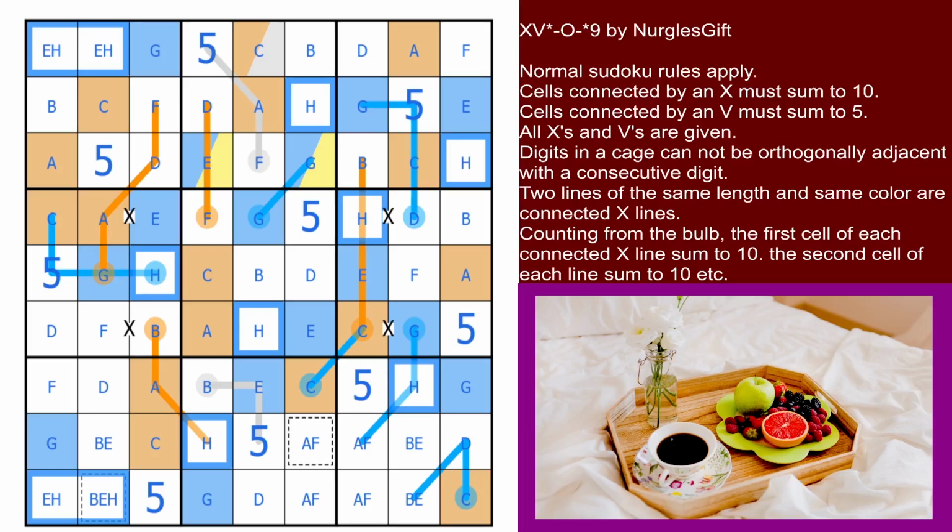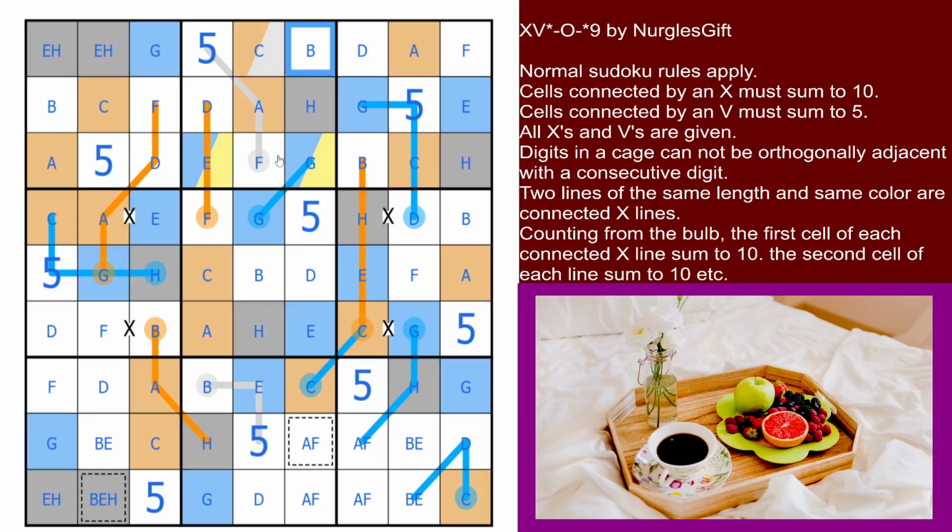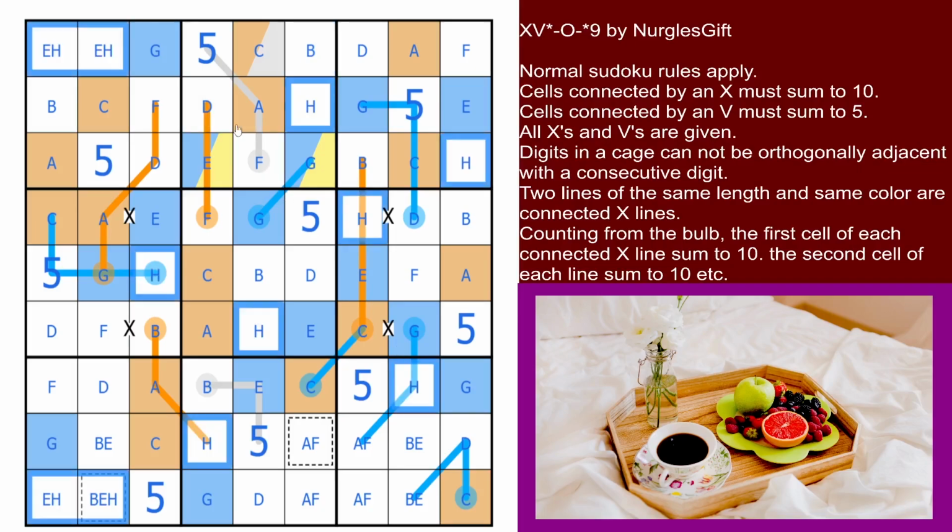So H, definitely B is not. D is not. H is somewhere here, so H could be partnered with F. We don't know that, so we have to check for D now.